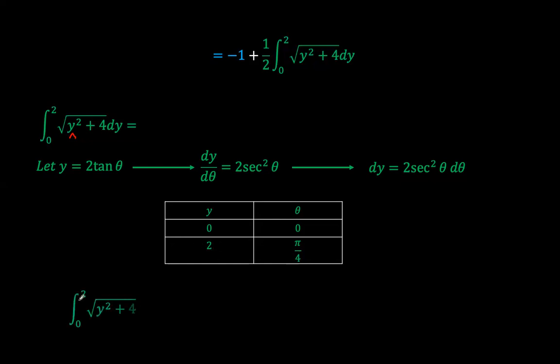So we have the integral from 0 to 2 of the square root of y squared plus 4. That is the same as the integral from theta equals 0 to pi over 4 of the square root of 4 tan squared theta plus 4, times, in place of dy, 2 sec squared theta d theta.